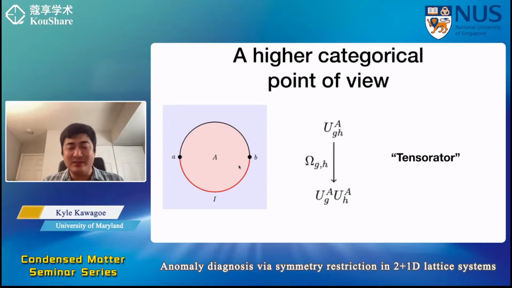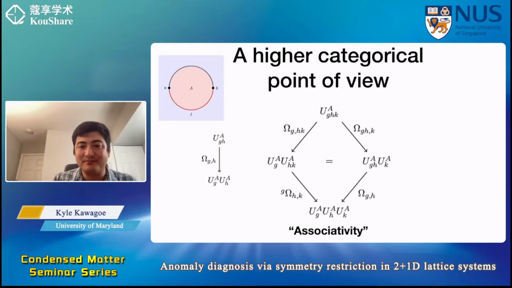I'm just going to tell you how to read off these various definitions from diagrams. I'm not making any rigorous claim, but I am saying that maybe this higher categorical language gives some intuition for what one should be doing in higher dimensions. To start with, the difference between UG restricted and UH restricted is something called a tensorator that relates it to UG restricted.